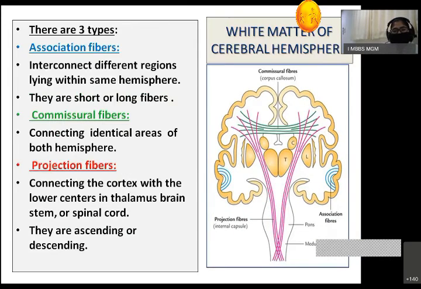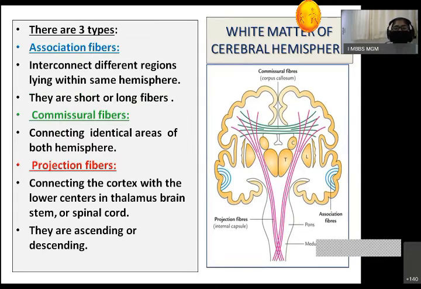This white matter consists of three types of fibers: association fibers, commissural fibers, and projection fibers. Projection fibers we'll see in detail later in the next lectures. Association fibers interconnect the different regions lying within the same hemisphere.